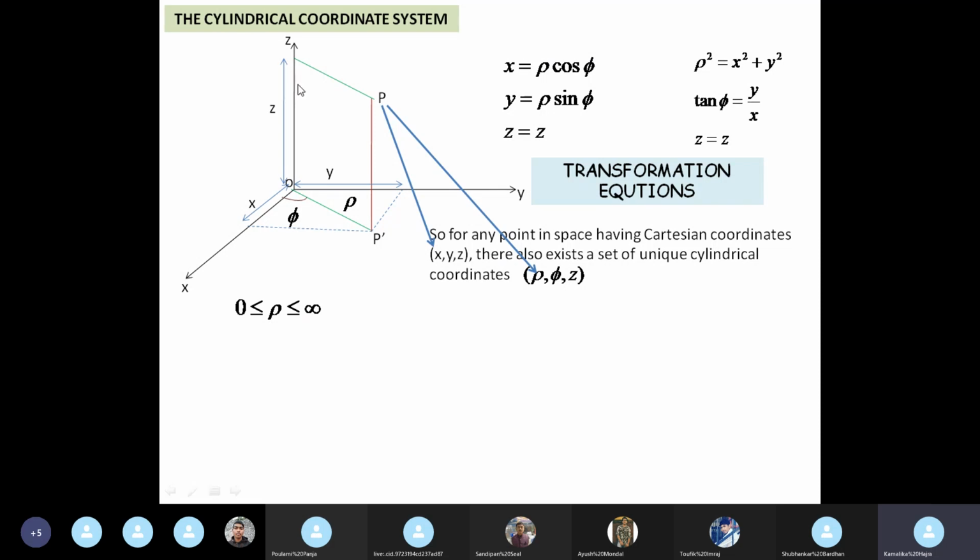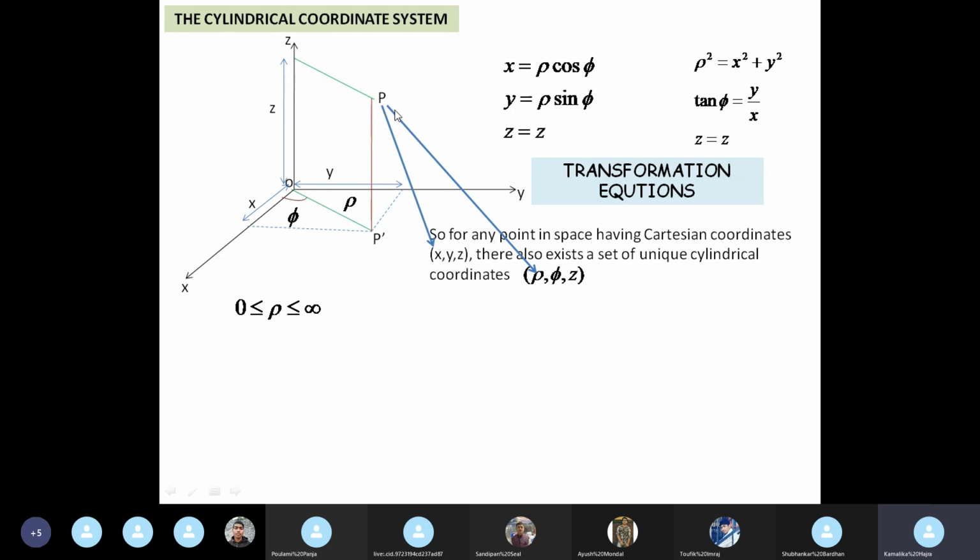Because I can take P to infinite distance from the z-axis, and then the distance of the point P from the z-axis will be infinite. So the value of rho can be anywhere between 0 and infinity. Clear to everybody?